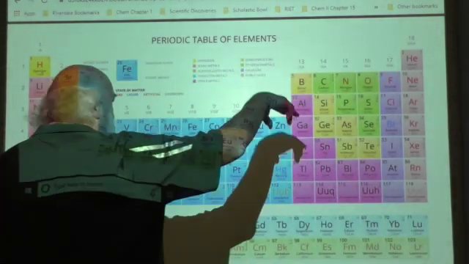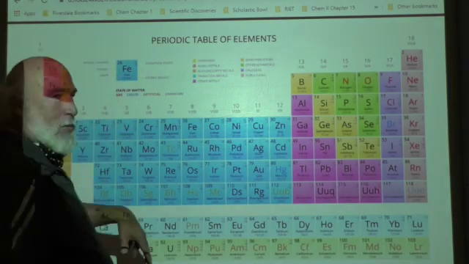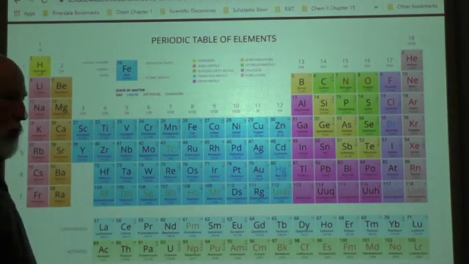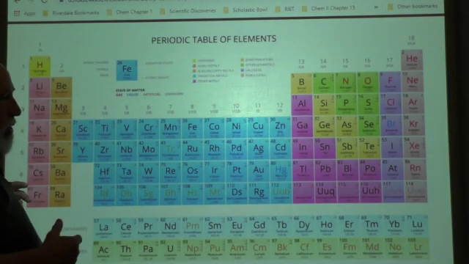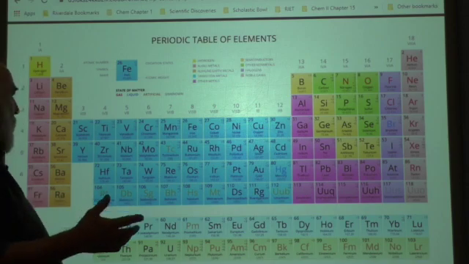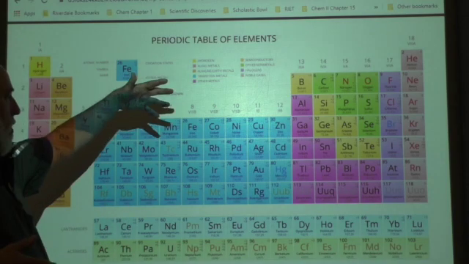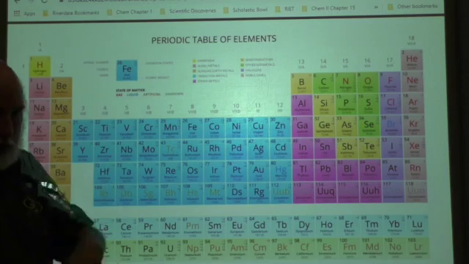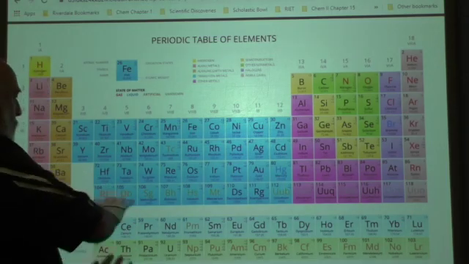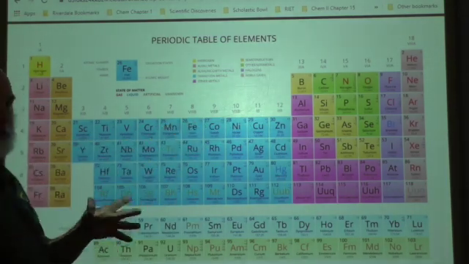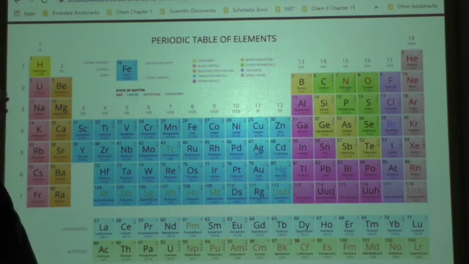Those are called groups or families. If I ask you what group it is found in, you say group 1 or group 11 or group 17. Now, the horizontal rows are called periods.